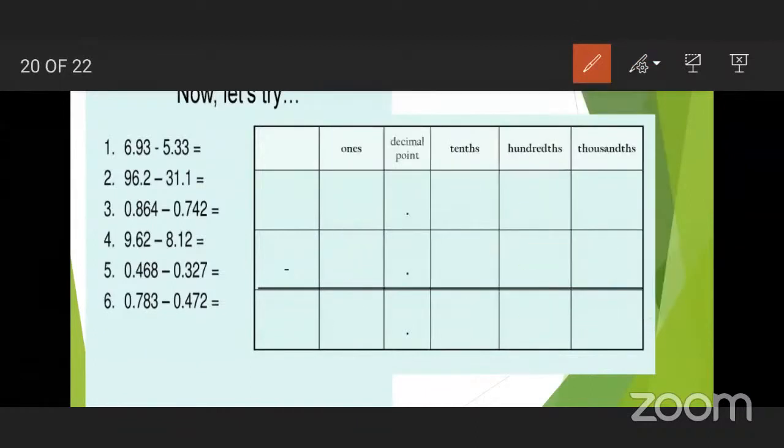Now read the fourth one. 9.62 minus 8.12.